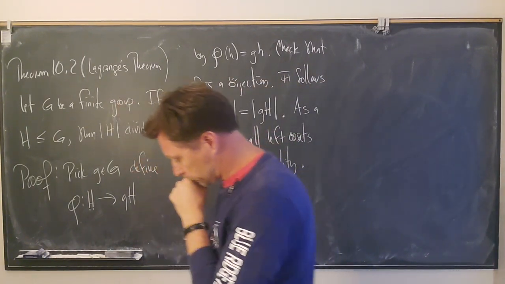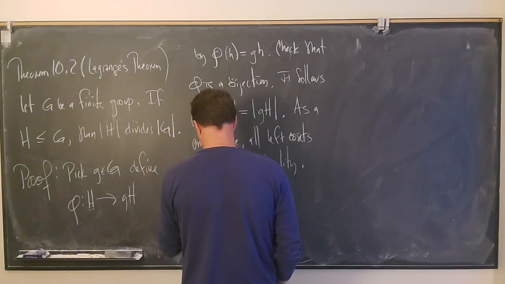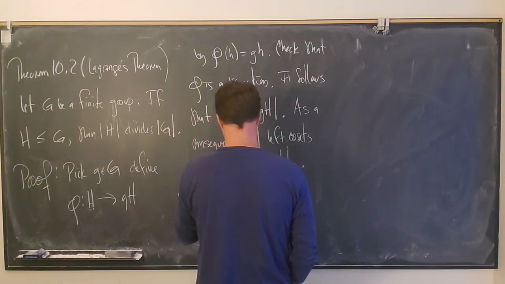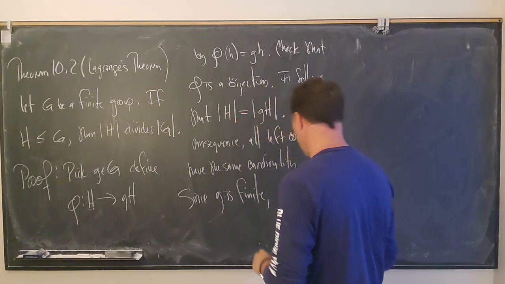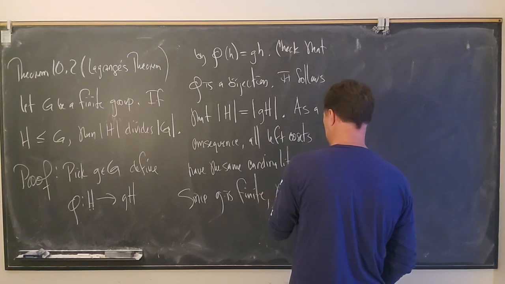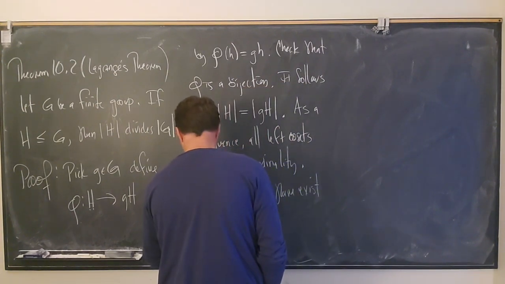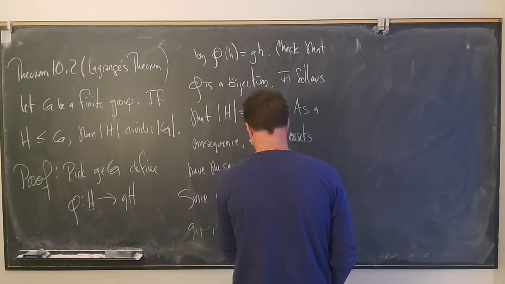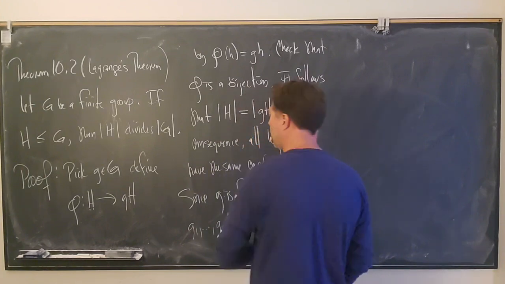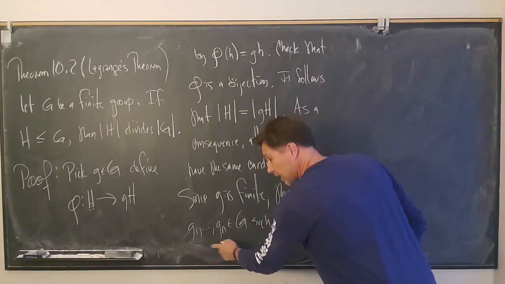Now, we start off with a finite group. So since G is finite, there exist some left coset representatives, g1 up through, let's say, gn in G, such that if you want to list all the cosets, this collection is sufficient.